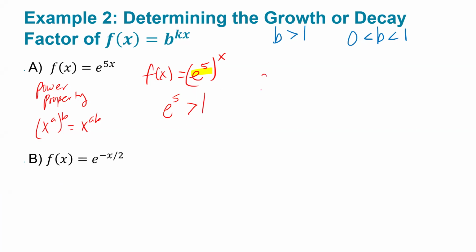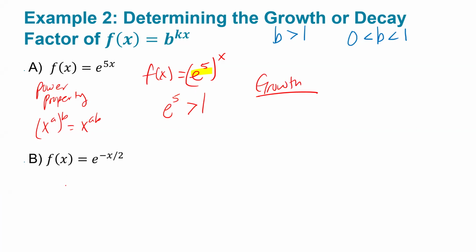That means that this is a growth. Because remember, we said e is approximately 2.72, right? And if I do 2.72 times 2.72 times 2.72 times 2.72, you get the gist of it. It's going to be greater than 1, right? All right. How do we feel about so far using the power property? Easy enough? All right, let's try it again.